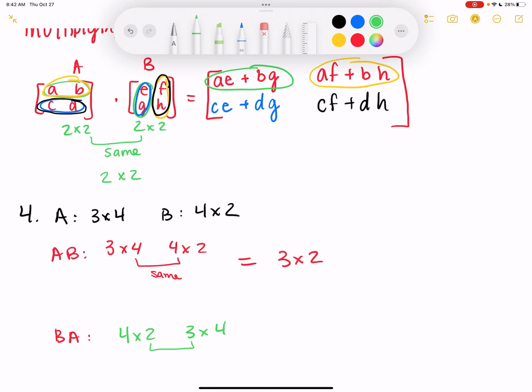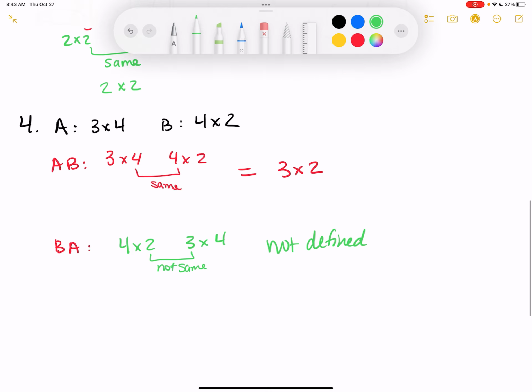Middle two are not the same, so it is not defined. Any questions about how we decide if it's defined or not? We're okay on that part? Okay, cool. All right, so then the next one, we're actually going to get into the multiplication.